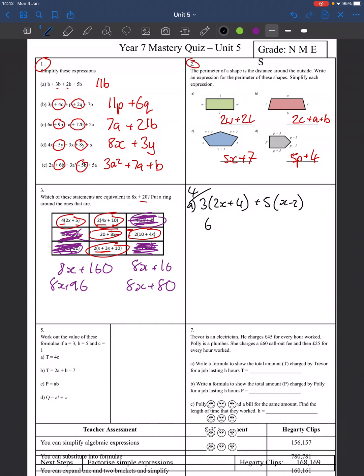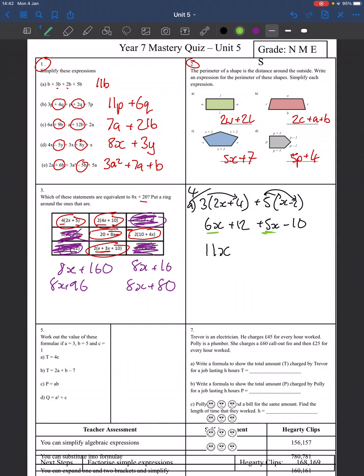So 3 times 2x is 6x. 3 times 4 is 12. 5 times x is 5x. 5 times minus 2 is minus 10. And now I've got that far, I can gather the like terms. So there's 6x plus 5x, which is going to be 11x.